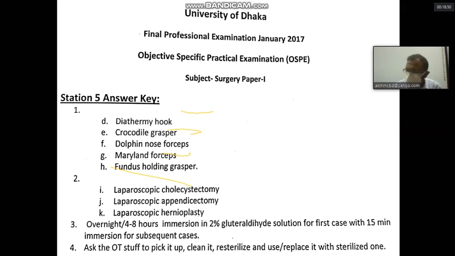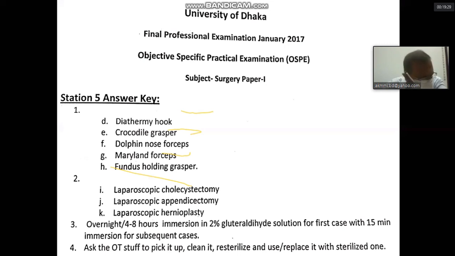This means you can keep the instruments in 2% glutaraldehyde solution overnight, that is around 8 hours. Or if you get only 5 to 6 hours, give it 4 hours. So you record overnight or 4 to 8 hours immersion in 2% glutaraldehyde solution. For the first case in the morning you have to do this. But for the second, third case, only 15-minute immersion will be adequate. Okay?